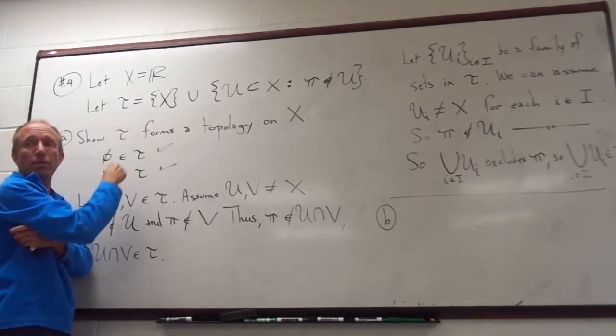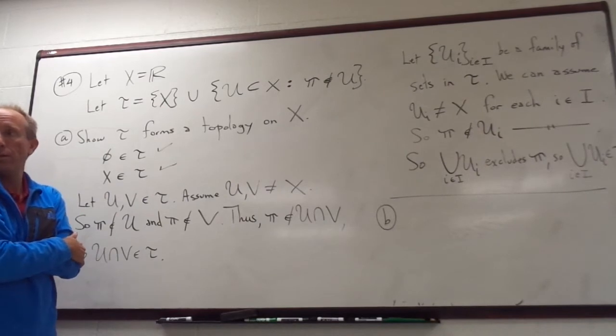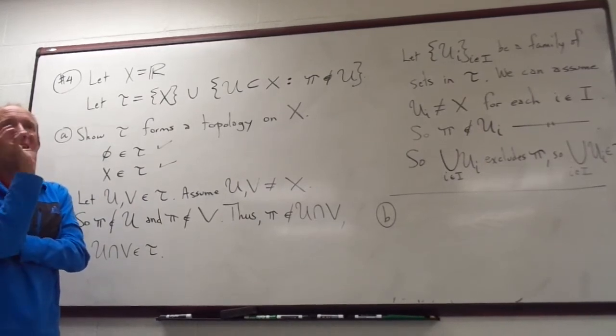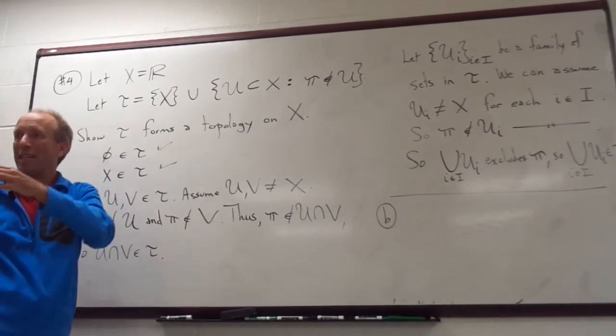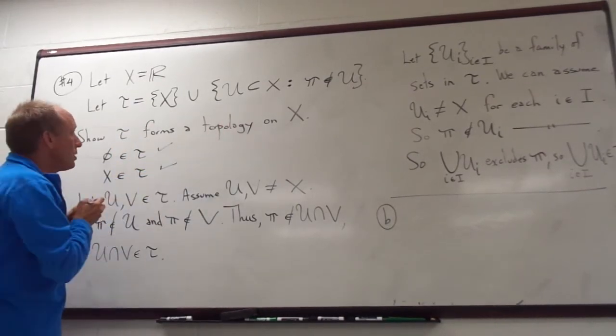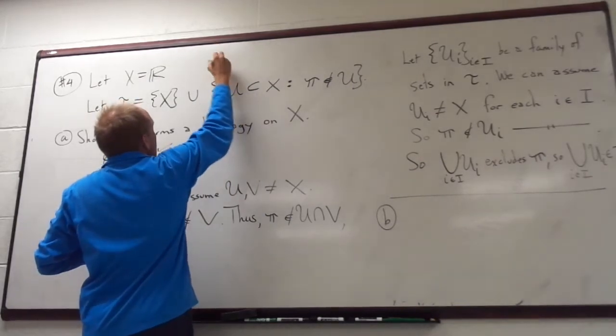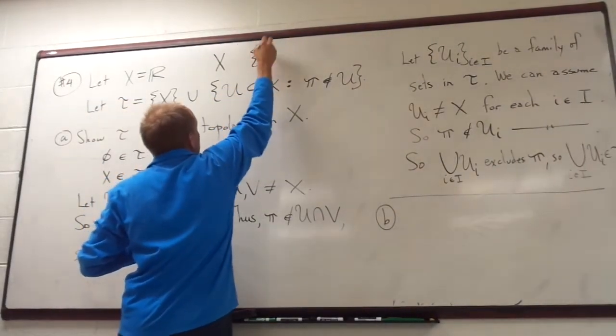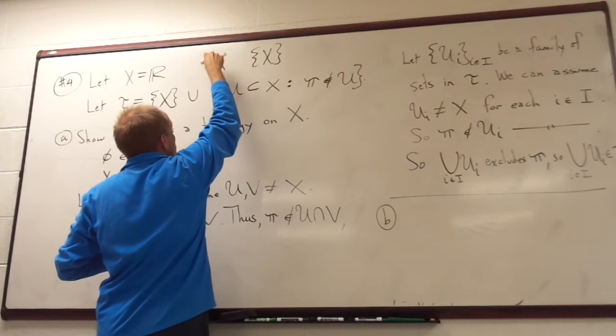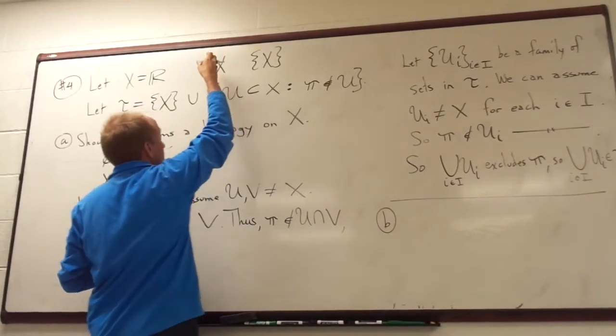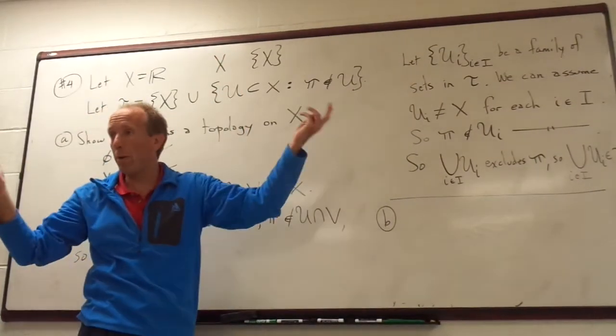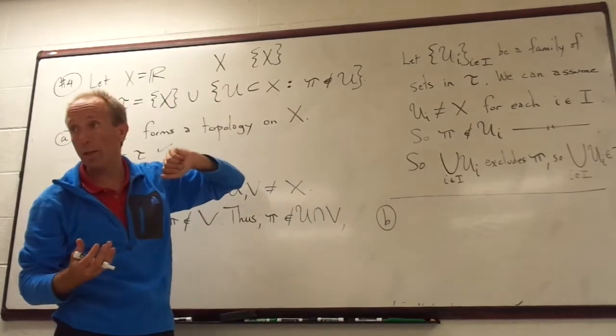Right, but if we have the whole set of X, the whole set of real numbers, union with any part of the real numbers. No. You're taking the elements within the set and you're unioning them with the other set. There's a difference between X and the set of X. This of course is the whole real numbers, and sure, if you take the union of that with any other part of the real numbers, you're just going to get the whole real numbers.